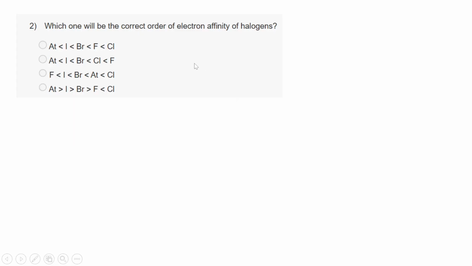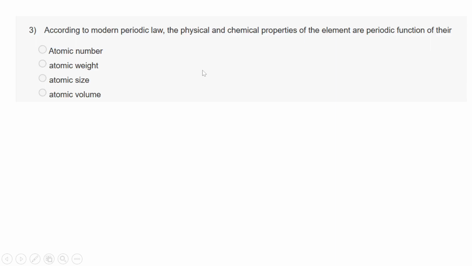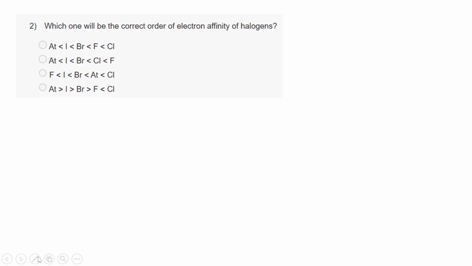So already I said that, we clarified that chlorine will have higher, right? So it should be either this one or this one, because here F has lower electron affinity than chlorine.